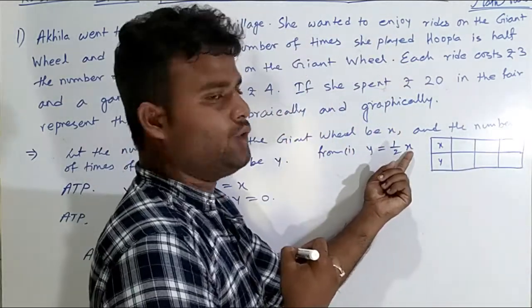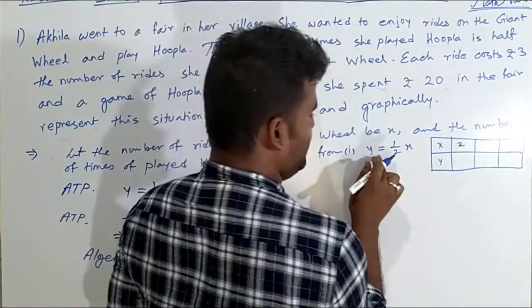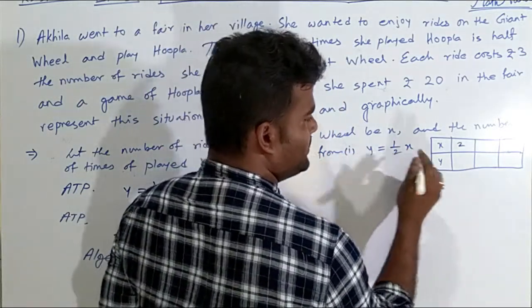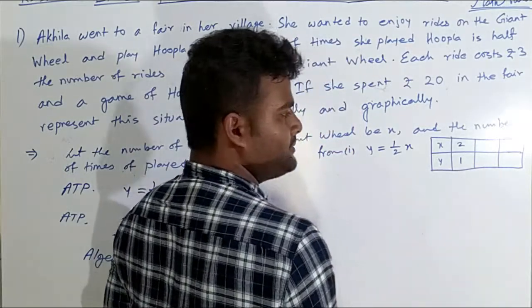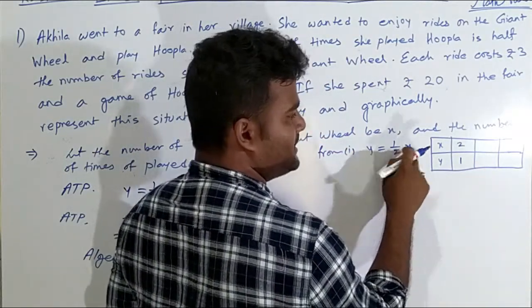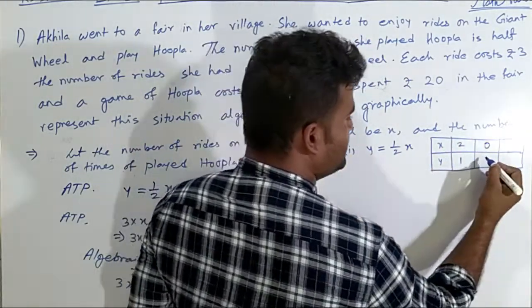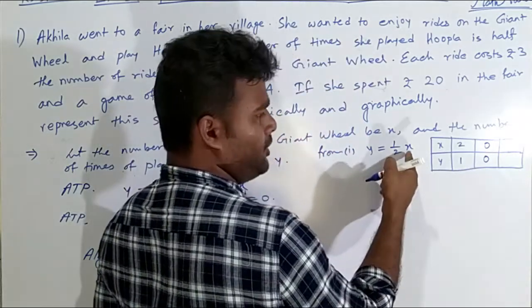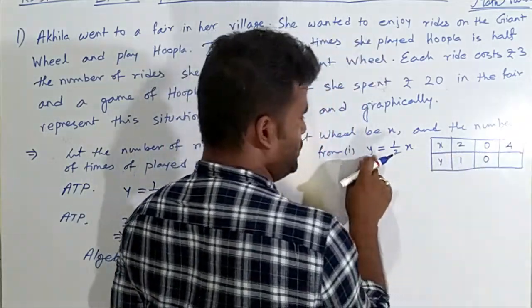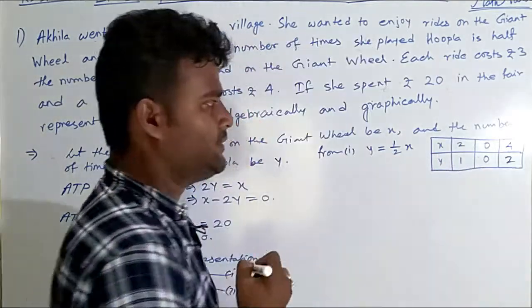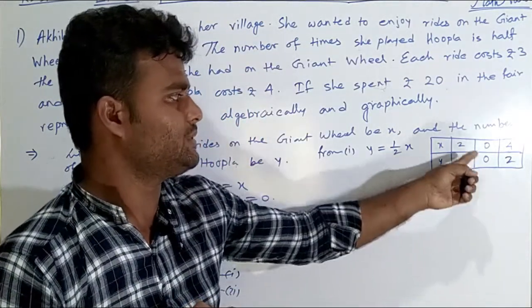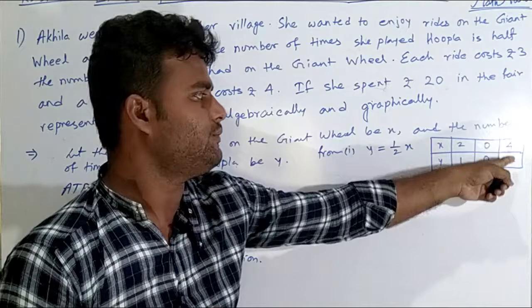If we put the value of x as 2, then 1 by 2 into 2 is 1, so the value of y will be 1. If we put the value of x as 0, then the value of y will be 0. If we put the value of x as 4, then the value of y will be 2. Then we get the coordinates 2, 1; 0, 0; and 4, 2.